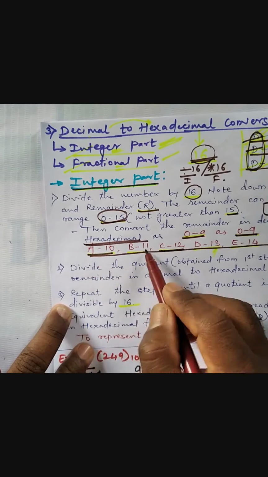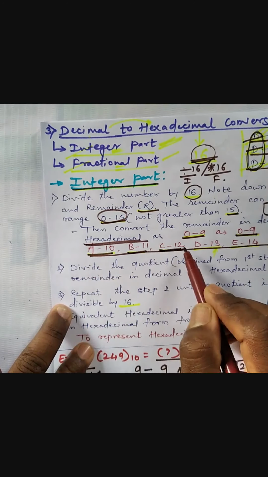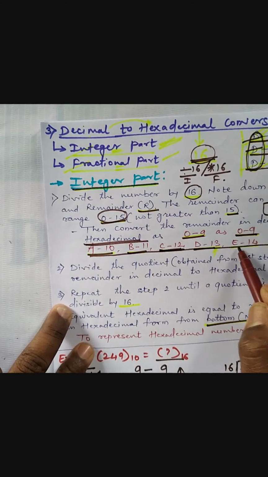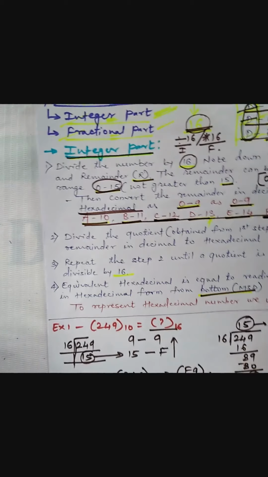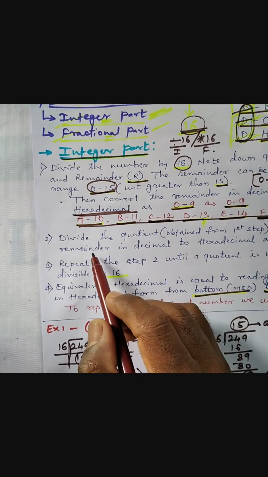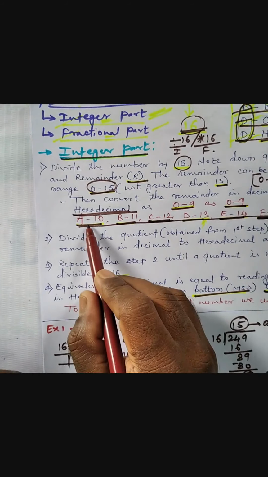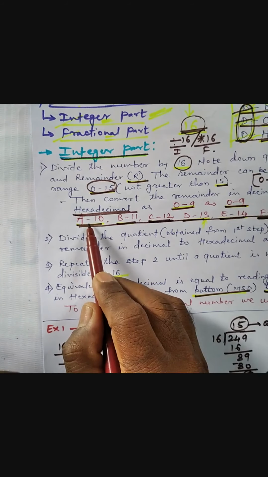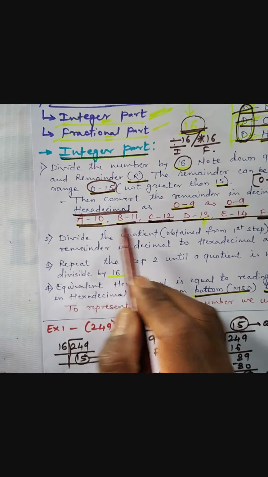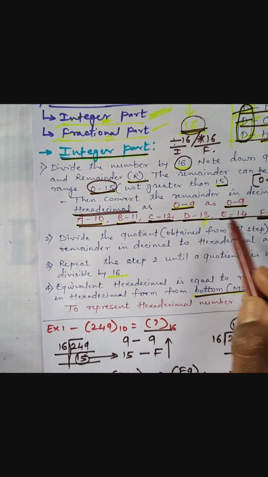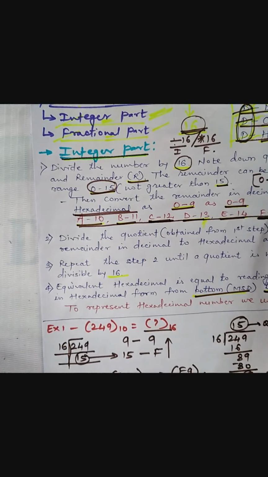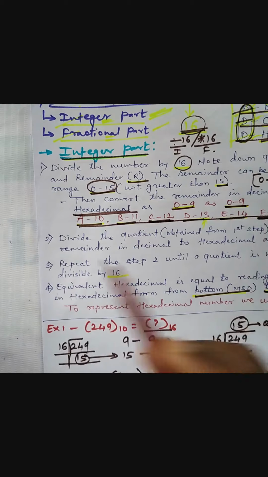So A equals 10, B equals 11, C equals 12, D equals 13, E equals 14 and F equals 15. As I already discussed, you need to learn this equivalence by heart: A10, B11, C12, D13, E14 and F15, right?